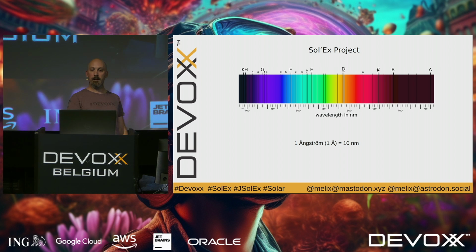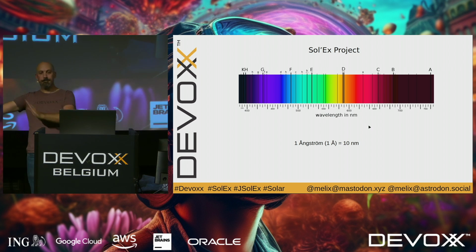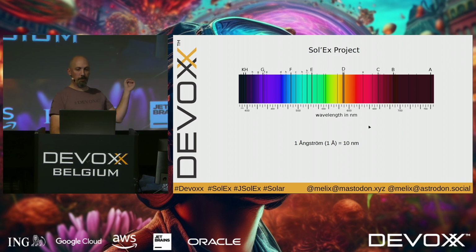So when we were looking at the first image, if you remember the orangish one, that's the C line, which is called the H alpha line, and it's closer to the red. And when I was showing you this purple line, the calcium line, you are closer to the ultraviolet side of the spectrum of the light, right?